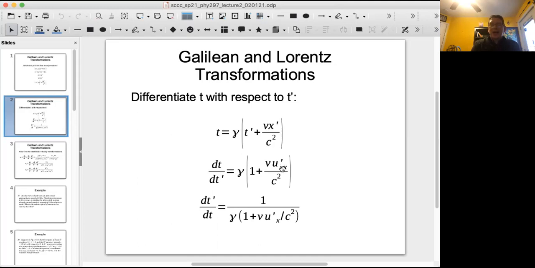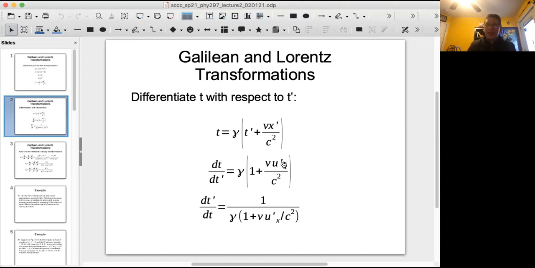So that's the velocity of, and here we're talking about a third object that's moving relative to both observer O and observer O prime. And so we're identifying that third object's coordinates, and also velocities. The derivative of x prime with respect to t prime is just the velocity of the third object that observer O prime uses.